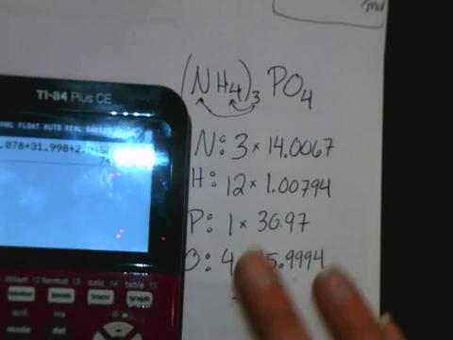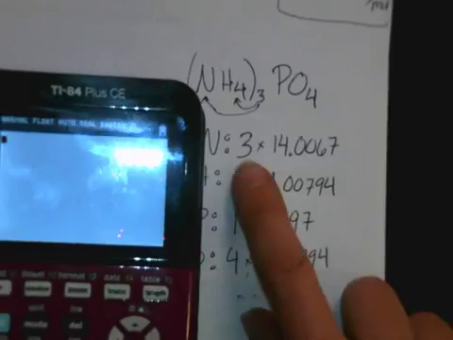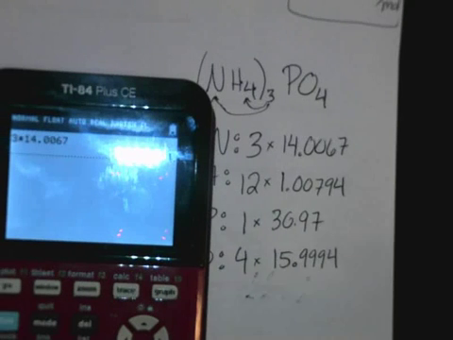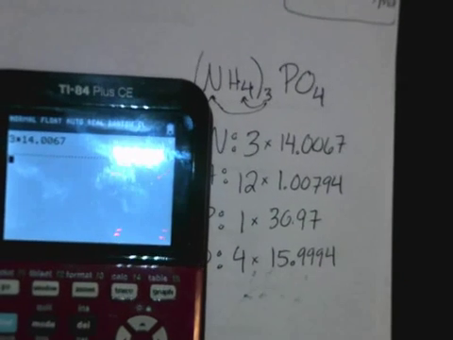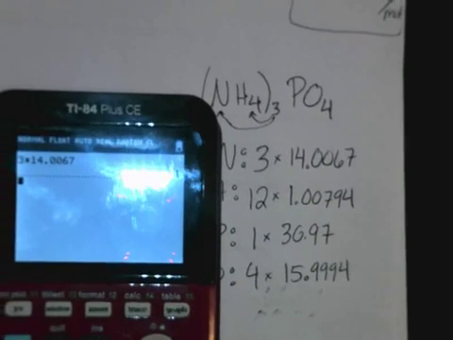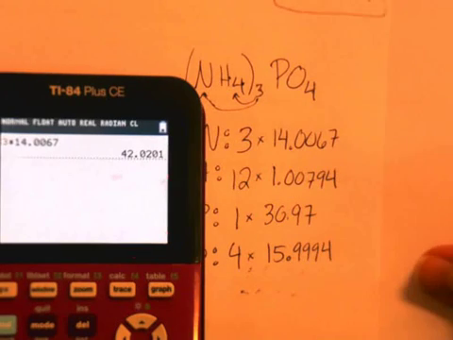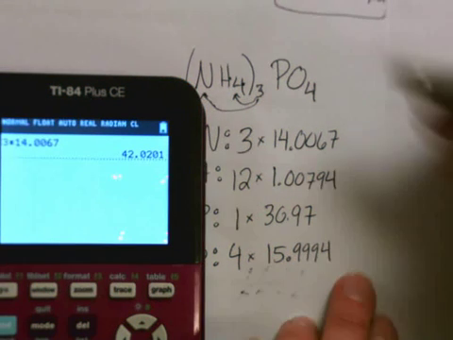Okay. Let's calculate each individual element. So I have 3 times my 14.0067. Let me change some settings here so you can see it. Is that a little better?